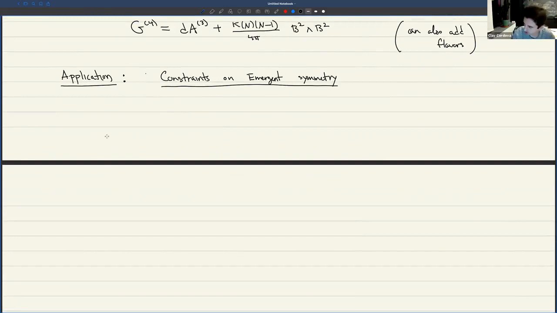Okay, so let's go through this application. We're going to be focused on axion Yang-Mills. And what I'd first like you to notice is that this is not UV complete. The interaction term is a dimension 5 operator.